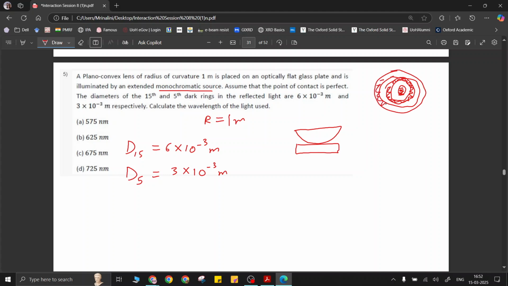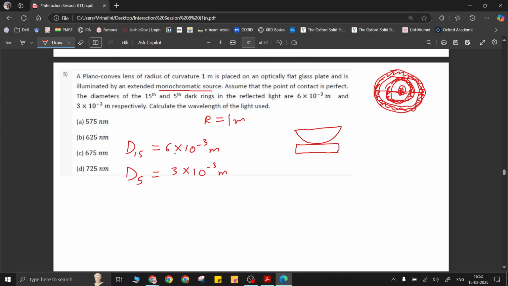So this is the center. This we call the first ring, this is the second ring. When we talk about diameter, we take this from here to here. Diameter of the second ring means this. So the diameter of the 15th dark ring is this, and the diameter of the 5th dark ring is this.